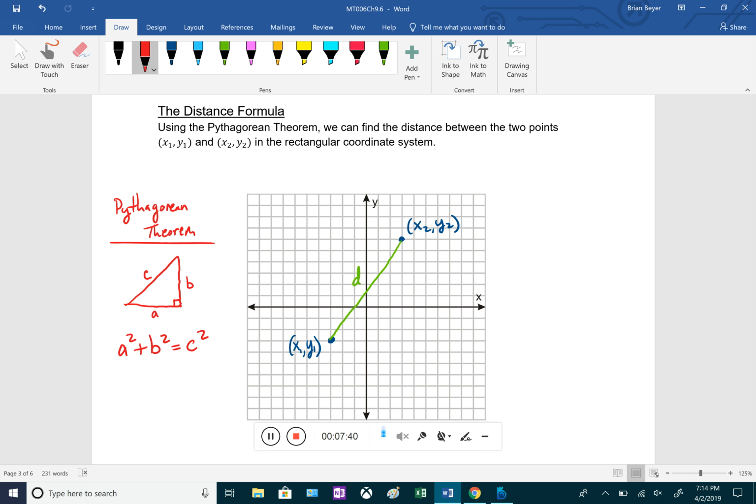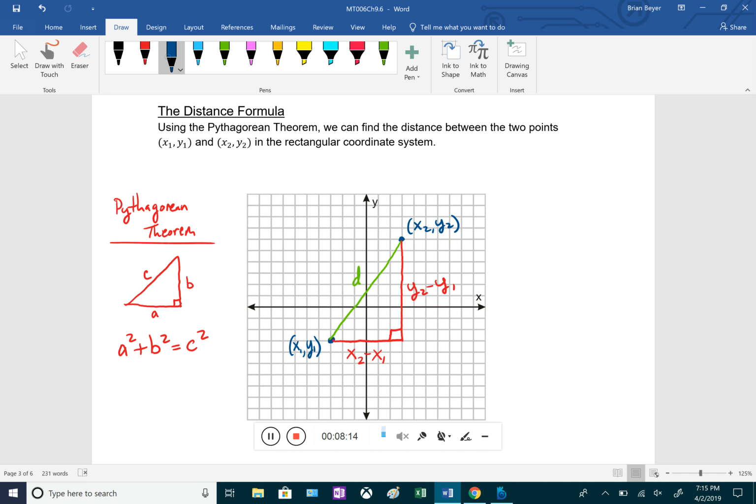So using that idea here, we can actually create a right triangle. We can go vertically down, go horizontally across, and we create this right triangle. The vertical distance here is going to be the difference in the y coordinates, which would be y2 minus y1. The horizontal distance would be the difference in the x coordinates, which would be x2 minus x1.